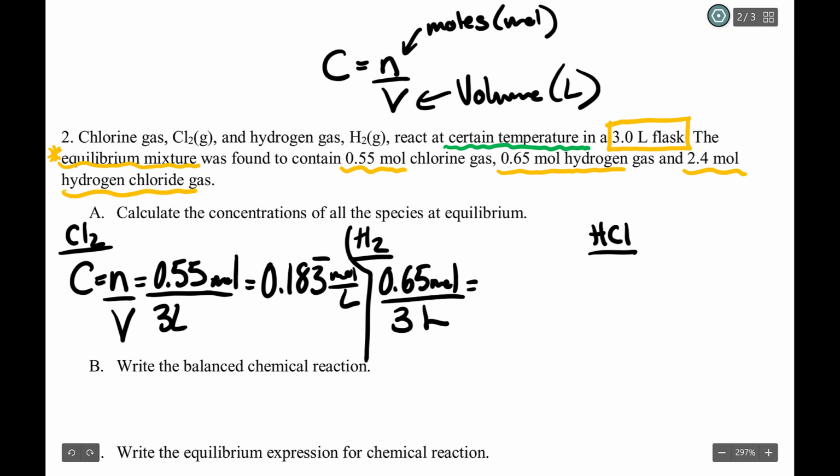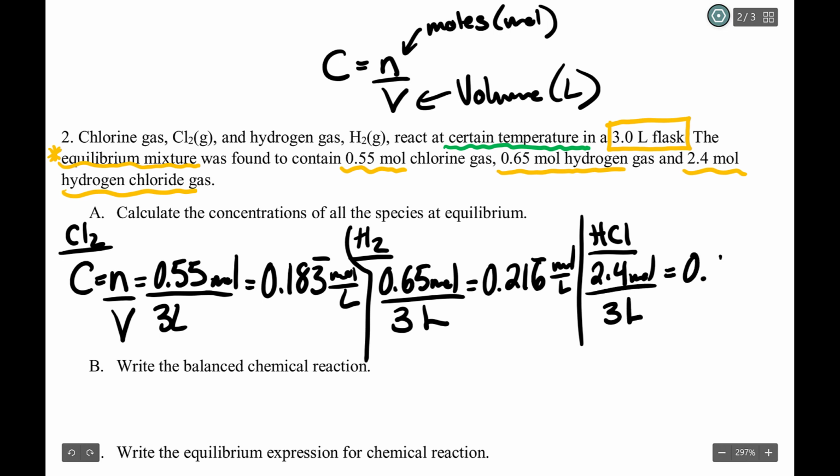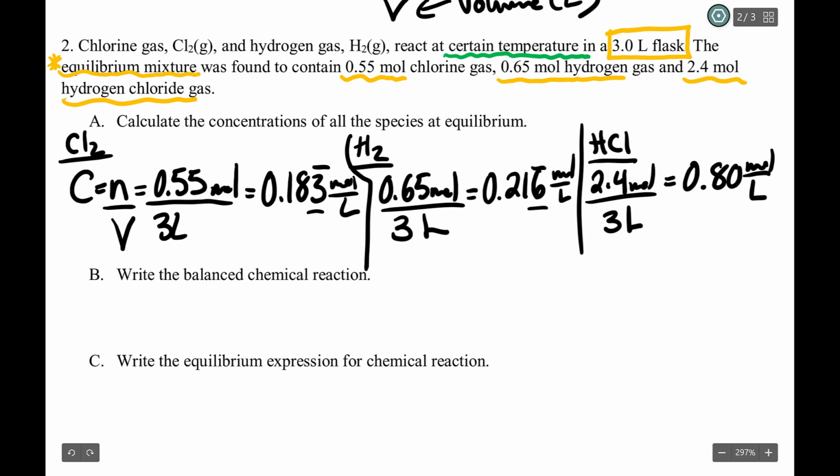If you punch that in, it would come out to 0.216 repeating moles per liter. And for hydrogen chloride, this is 2.4 moles divided by 3 liters, and this would come out to 0.80 moles per liter. Now, I would not round these values at this point. I would keep all of these digits in there because we only round when we get to the end of the question.